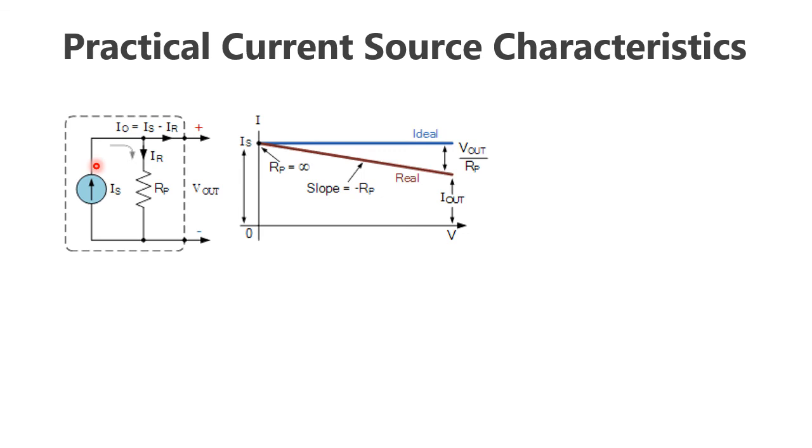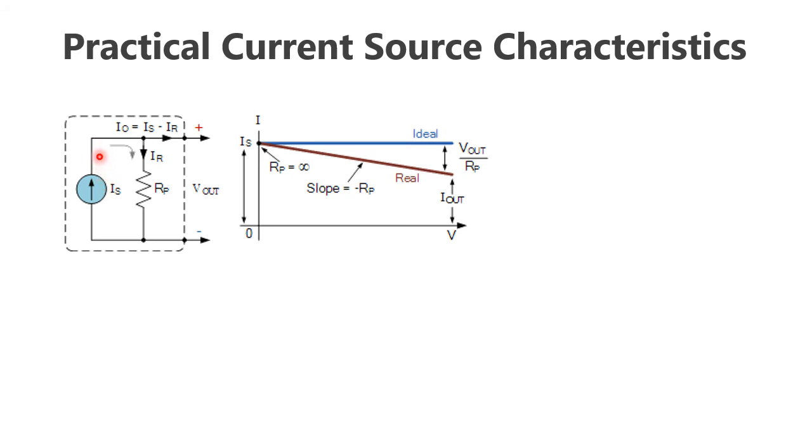In this diagram you can see that, as I said previously, in practical life we can't get the exact rated current as the output current. In normal practical current sources we can't get the exact value of the rated point. In practical life the value will be less than our rated value.